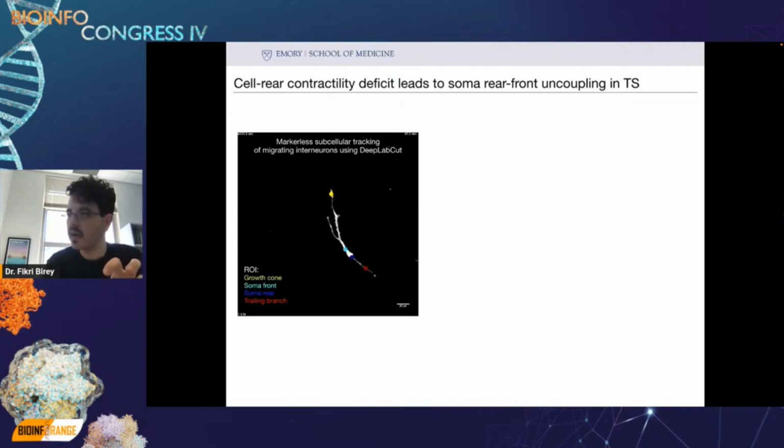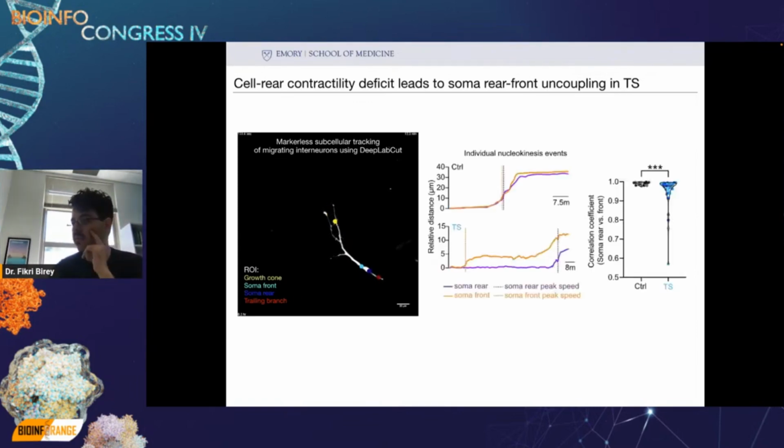We used an algorithm called DeepLabCut that people use for markerless tracking of animal body parts in behavioral studies, but we adapted it for interneuron live imaging. We were able to reliably track different sections of a migrating interneuron, focusing on the front and the rear of the soma, as a readout of the nucleokinesis event itself and of the pushing and the pulling forces.